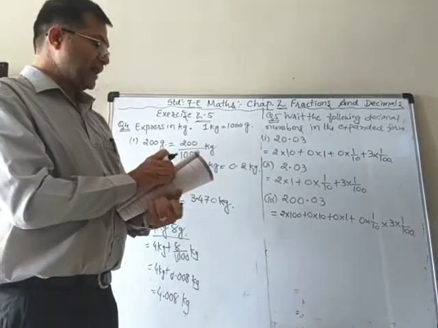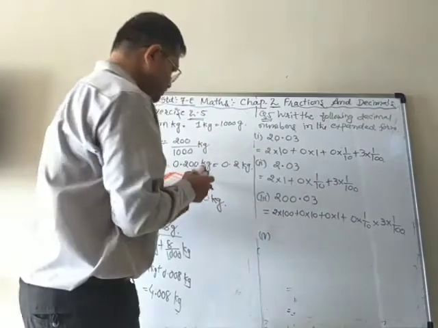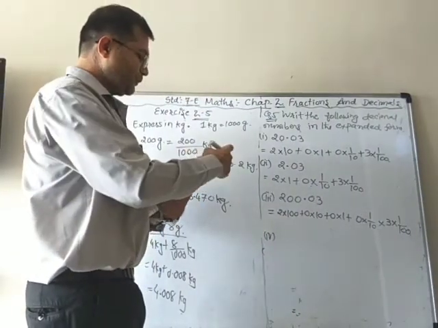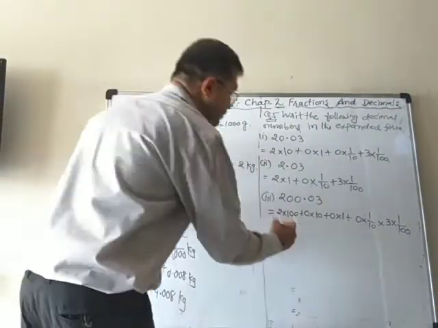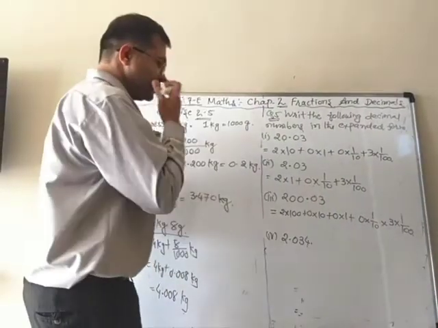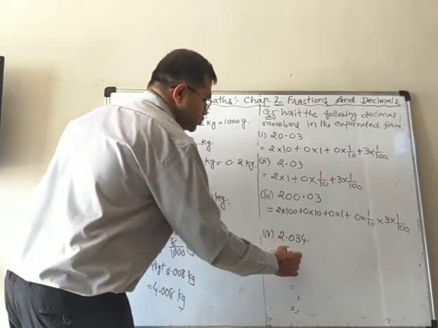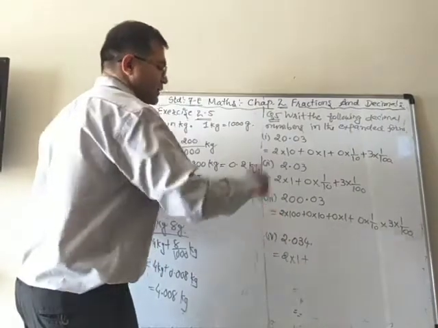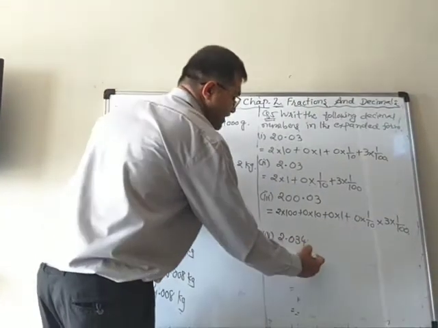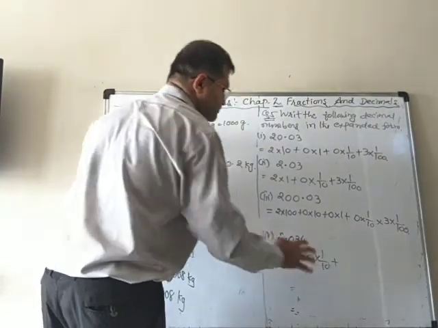And the last, the fourth one, says 2.034. So here 2 is in the ones place, means 2 multiplied by 1. Then on the right side, first is the tenths place, so 0 multiplied by 1 upon 10.